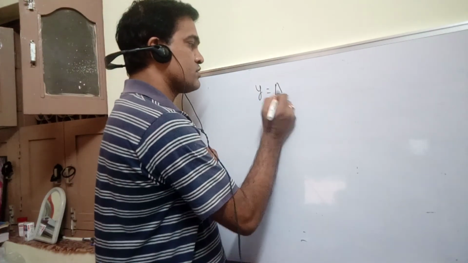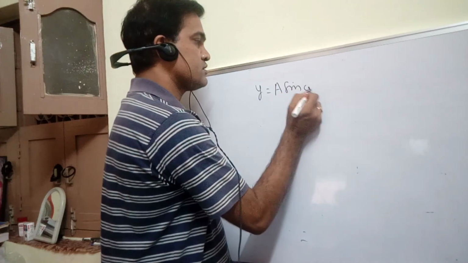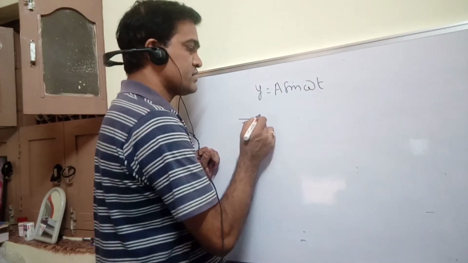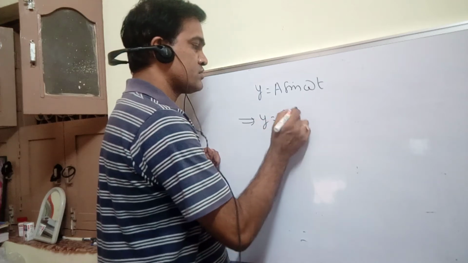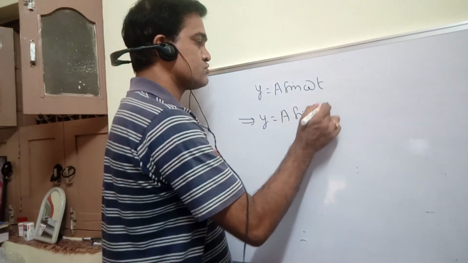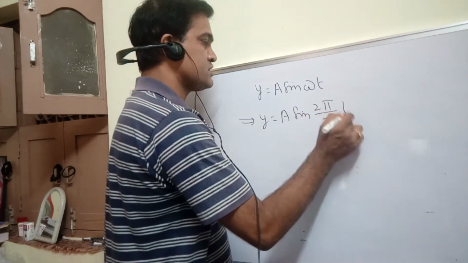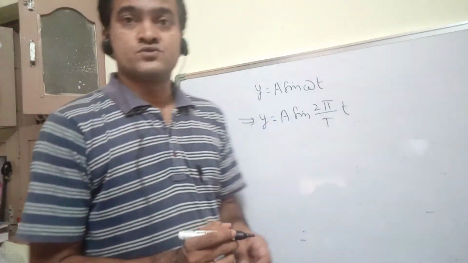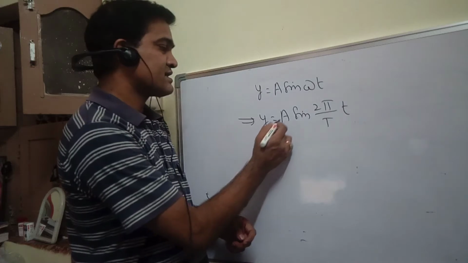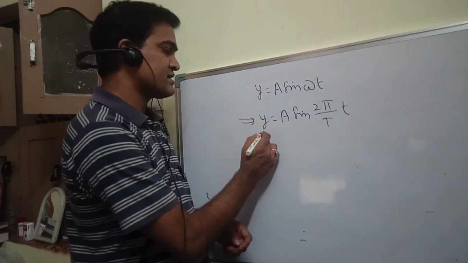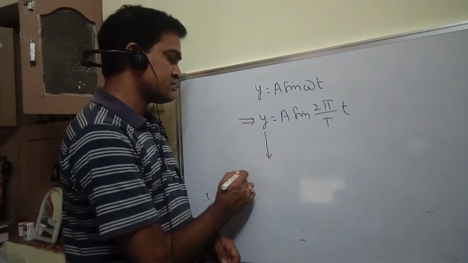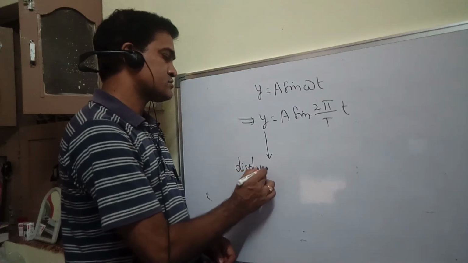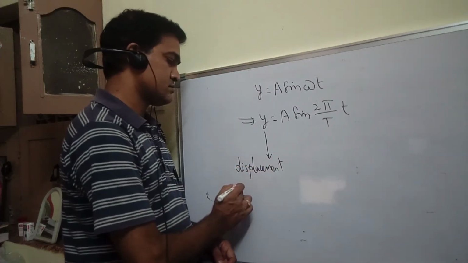y = A sin ωt, which can also be written as y = A sin (2π/T) t. Right. So what exactly is this y? y is called the displacement of the particle.